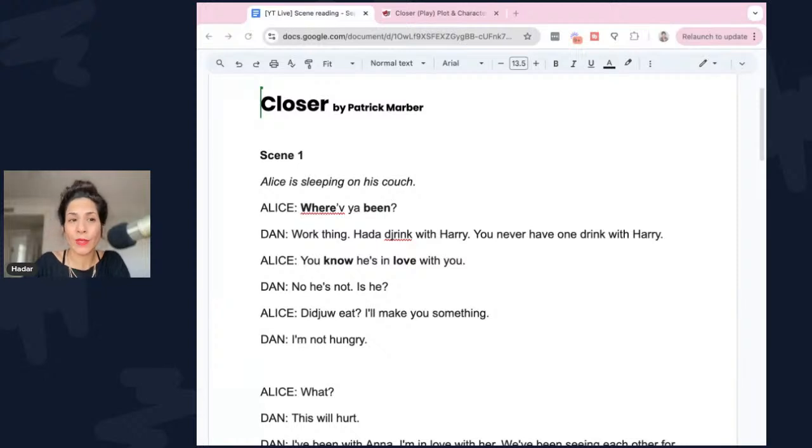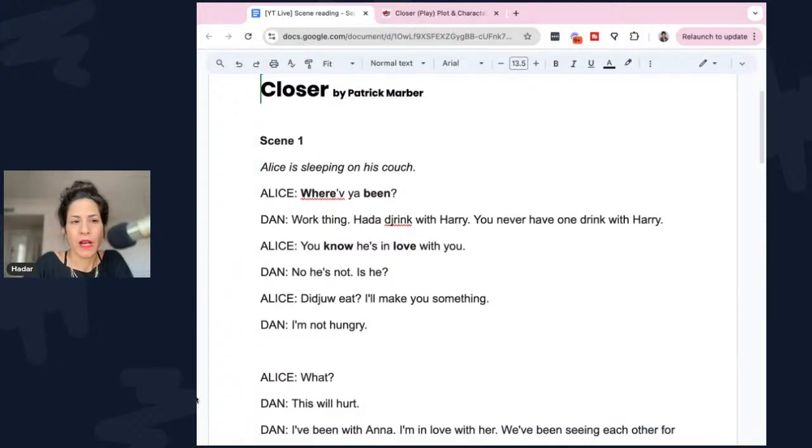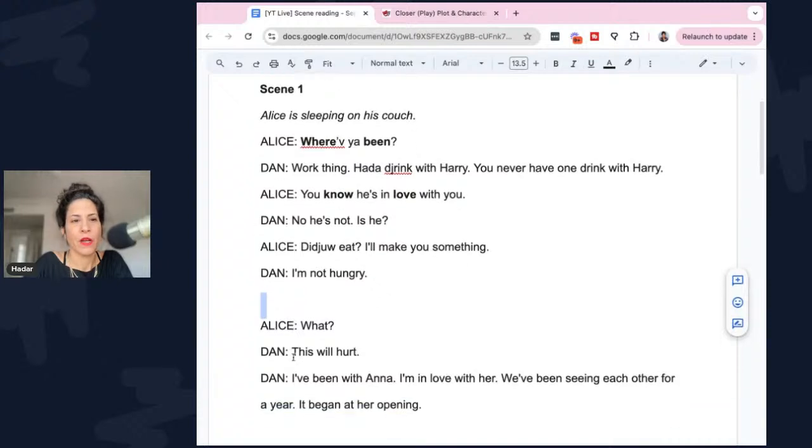Maybe he's not responding. How would that be perceived, whether he responds or not? And then she says, I'll make you something. I'm not hungry. That's what he says. Okay. And then Alice says, what? Why does she say it like that? What's happening here that makes her say, what?